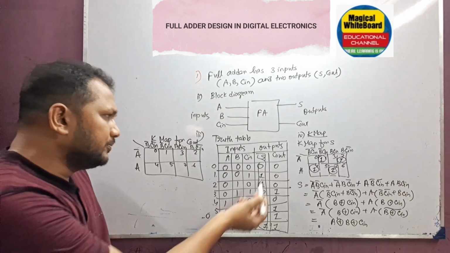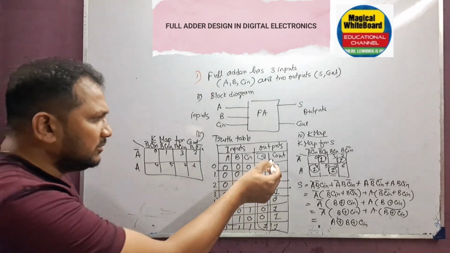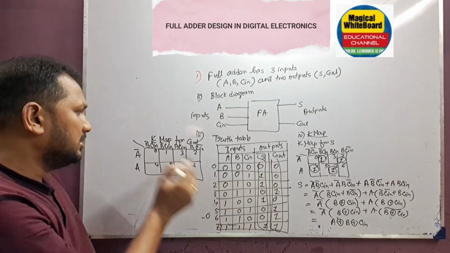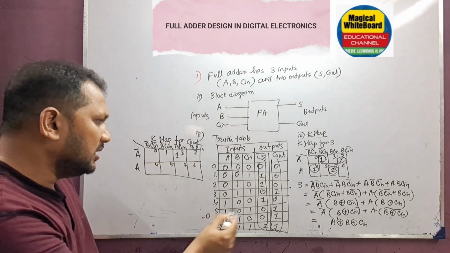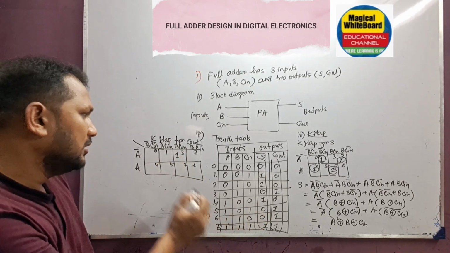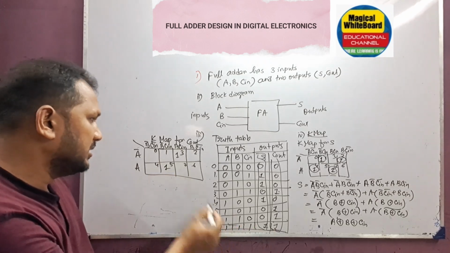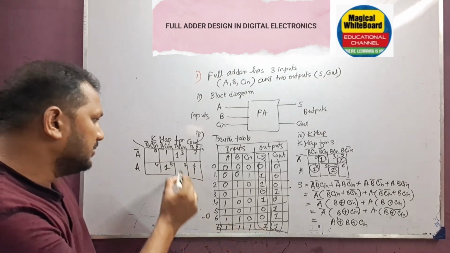Now putting the values of 1 in the Cout column: the third one, the fifth one, the 6th one and the 7th one.